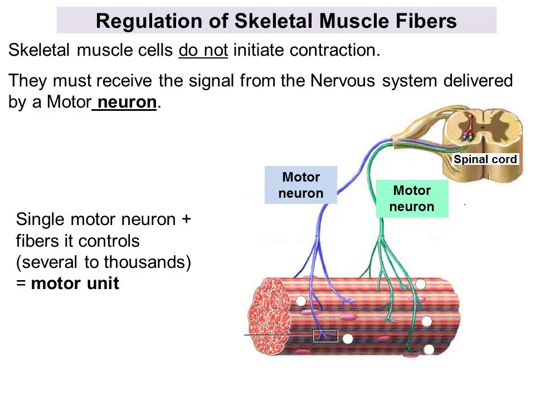Now, we're approaching this topic of how do we signal a muscle to contract. And so at the end of our motor neuron, at the end of our nerve cell, we have this enlarged end sometimes called a button. I think your book calls it a knob. It's this enlarged part at the end.